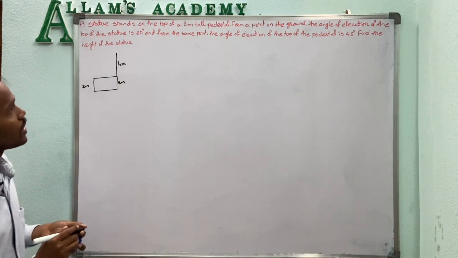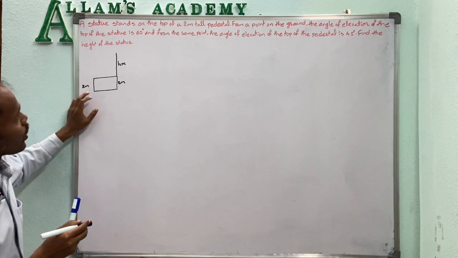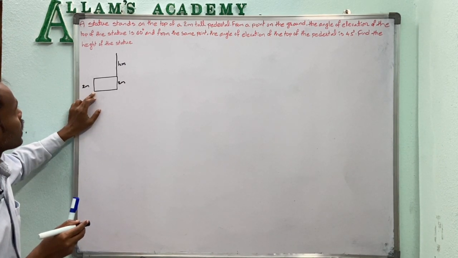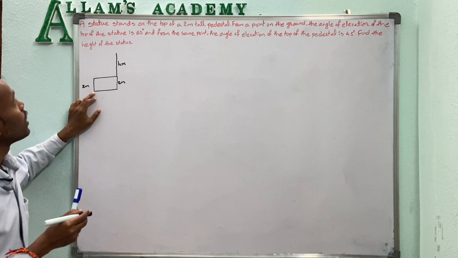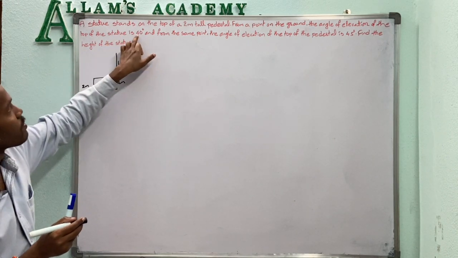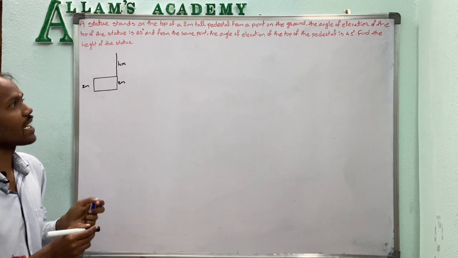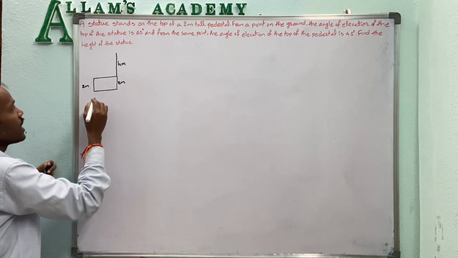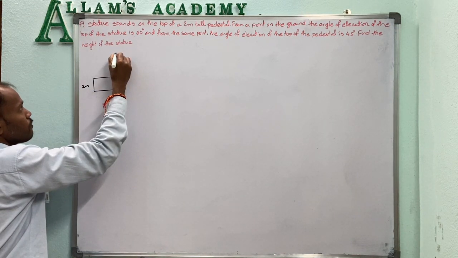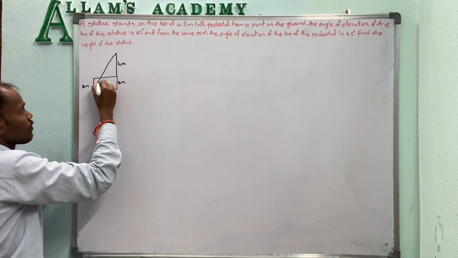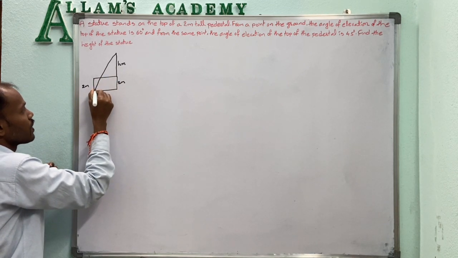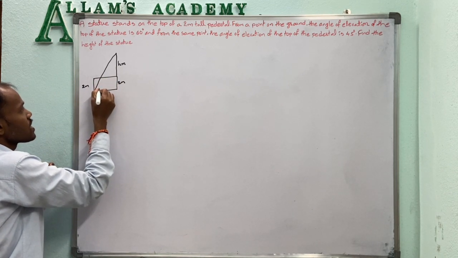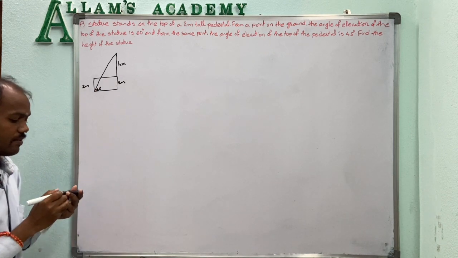Now, from that ground point, the top of the statue is observed with 60 degrees, that is the angle of elevation. Now here it will be observed with 60 degrees angle.